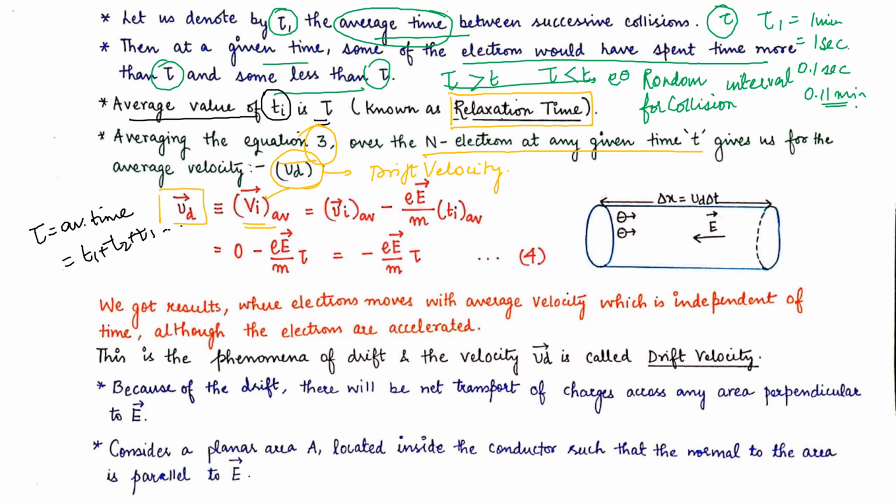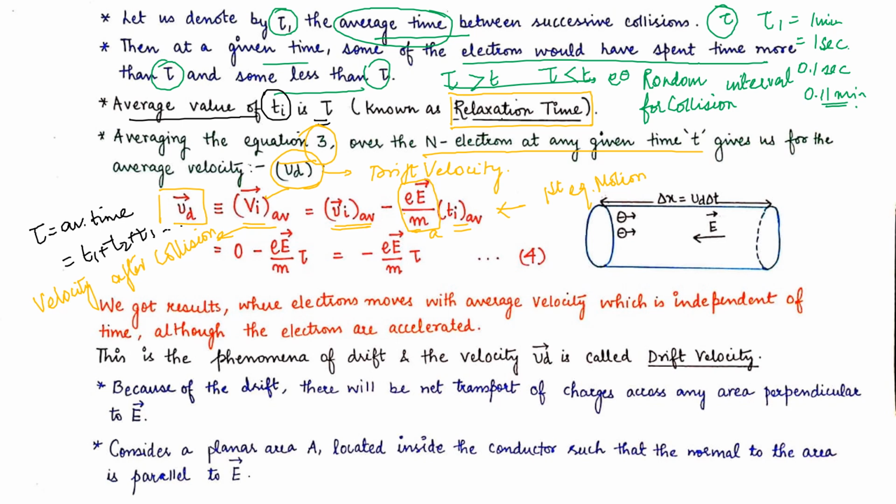This is capital V, the velocity after collision. It equals small Vi average minus E e upon m Ti average. This is acceleration, this is the time. Again, this comes from the first equation of motion.